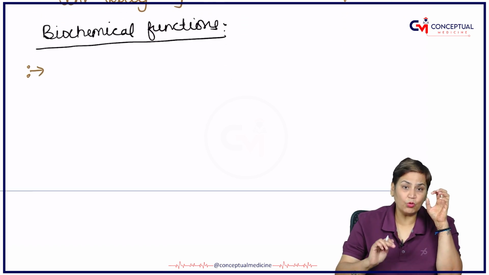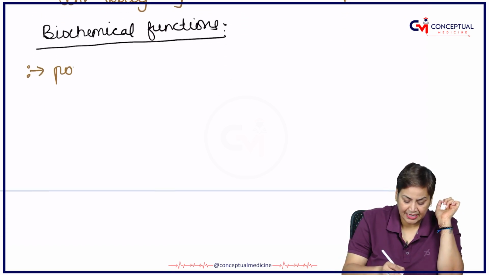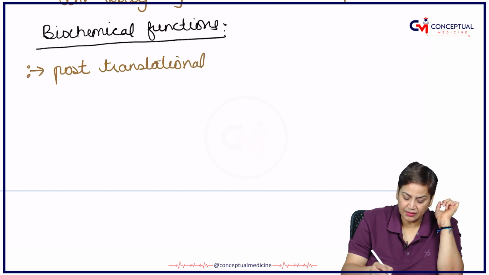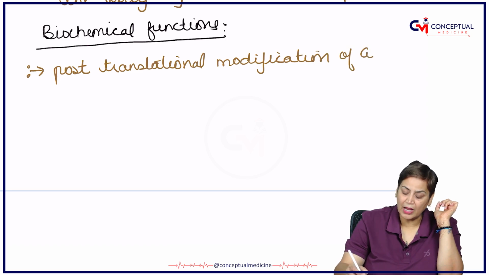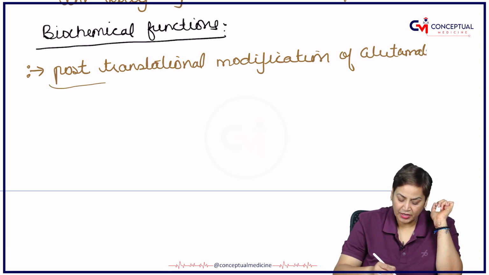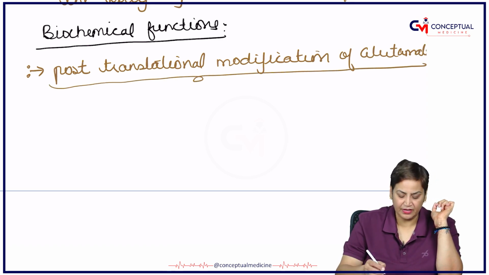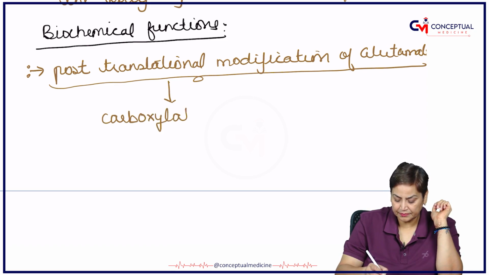So, the most important function is that it catalyzes the post-translational modification of glutamic acid, of glutamate. What is this post-translational modification? It means that it catalyzes the carboxylation of glutamate.